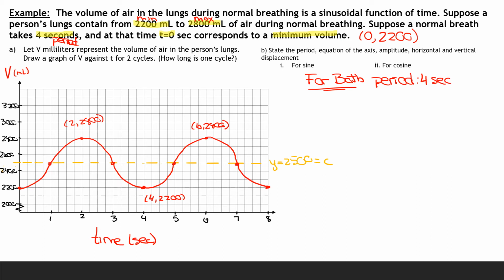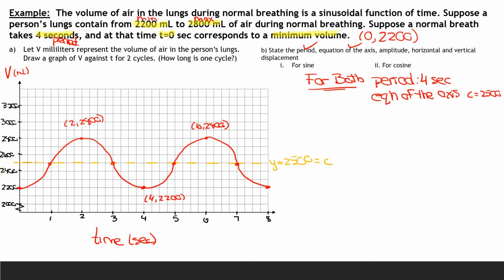So we've got the period, and next the equation of the axis. We already have that, and that is a C value. That's C equals 2500. Got that. The amplitude. Remember what amplitude is?